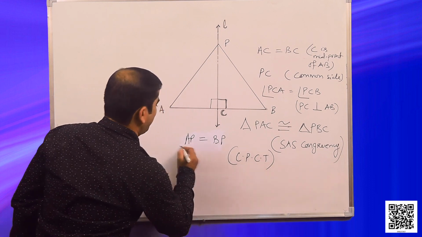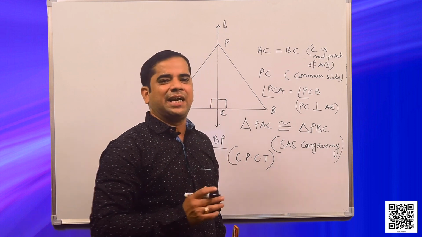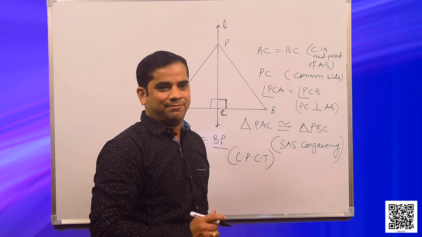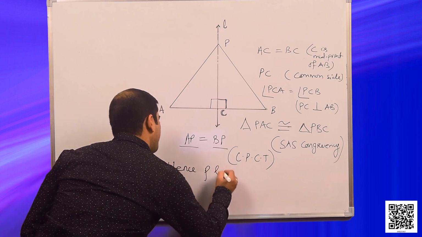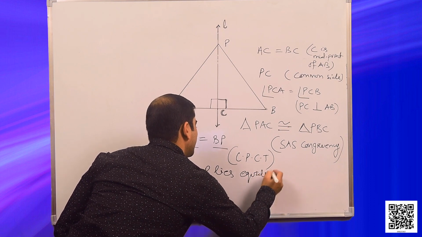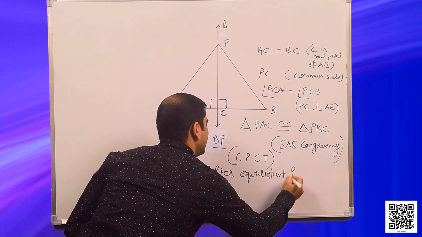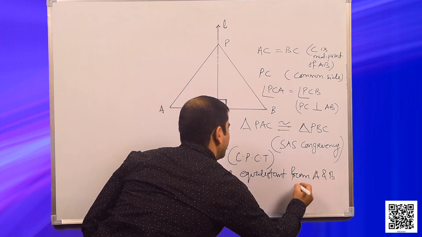So AP is equal to BP. That means P lies equidistant from A and B. Hence P lies equidistant from A and B.